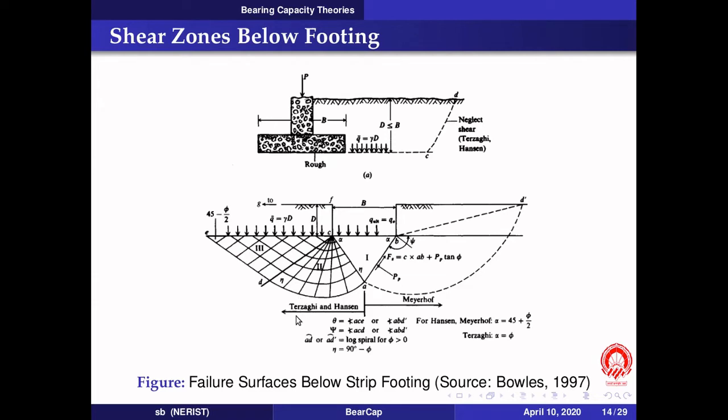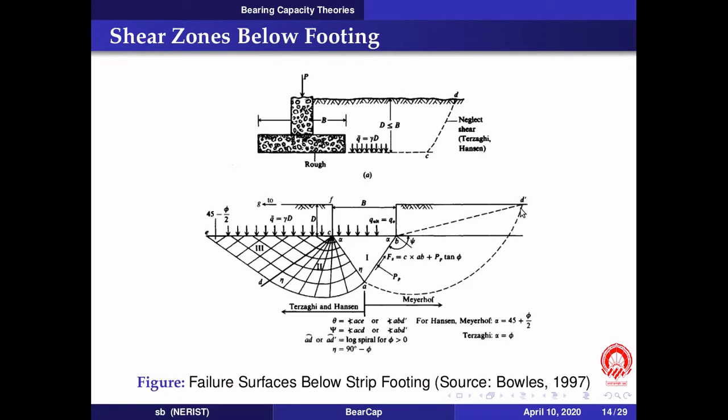And in the bearing capacity theory given by Terzaghi, the soil resistance above the foundation level is neglected. On the other hand, in Meyerhof's theory, he assumes that the whole failure surface is made up of a logarithmic spiral curve, and he also includes the resistance above the foundation level up to the ground level.